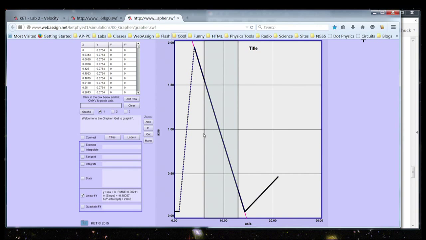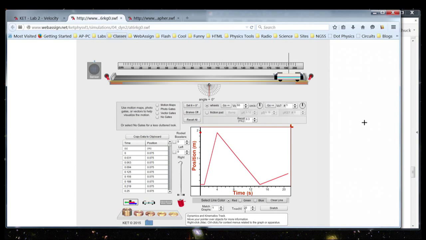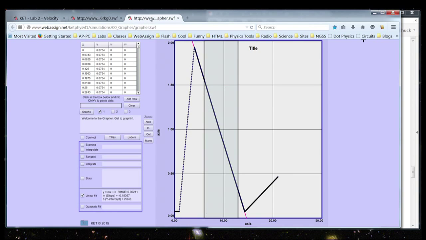Minus 1.8. What the heck is that? What did I use for my... Oh, let's see. I used 0.3. So 0.3 times 60 is what we expect to get. Oh, this is 0.18. That's meters per second, and the other graph is in centimeters. So we get an 18 centimeters per second graph here and a 60 centimeters per second graph right there.